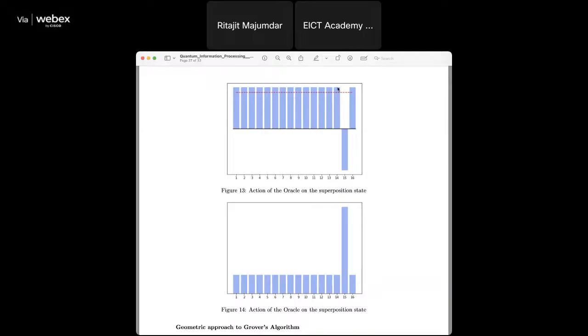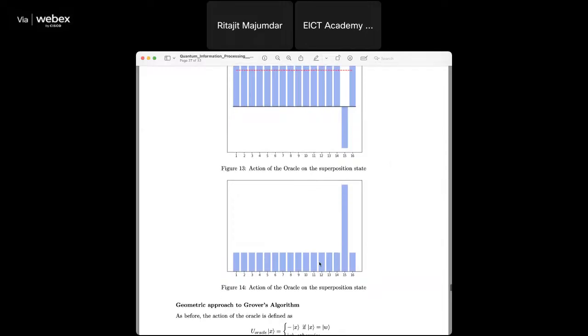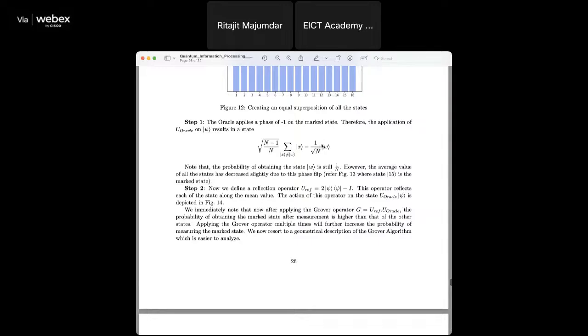So here, this is this much above the straight line, so it will go this much below the straight line. This is this much below the straight line, so it will go this much above the straight line. This is what happens. Now if I measure this state, what is the case? The probability that you will find this state, which I am thinking of as the good state here, because this is what we did, right? We changed the phase of W, which is the state that I am looking for.